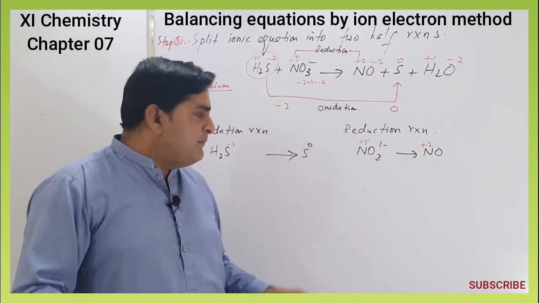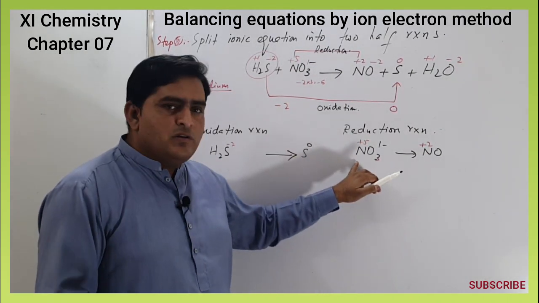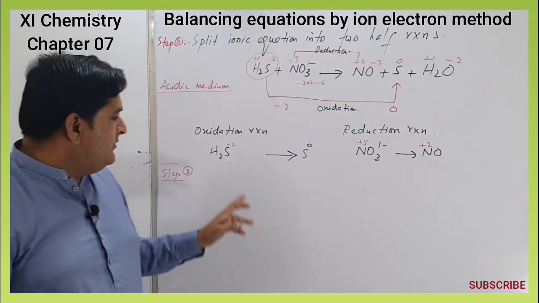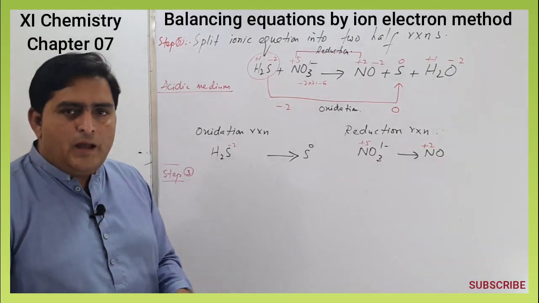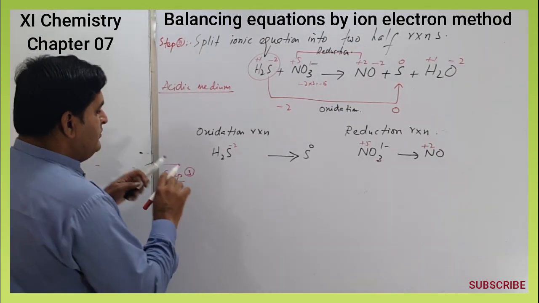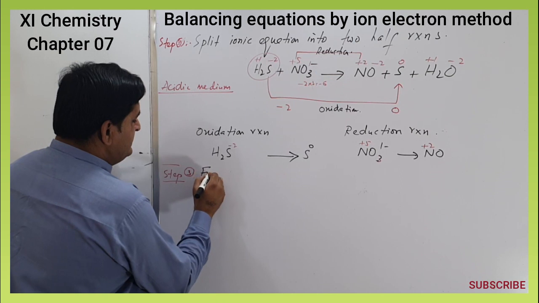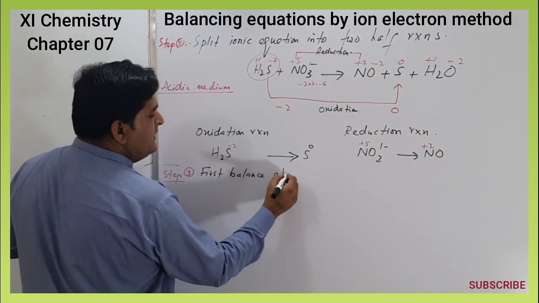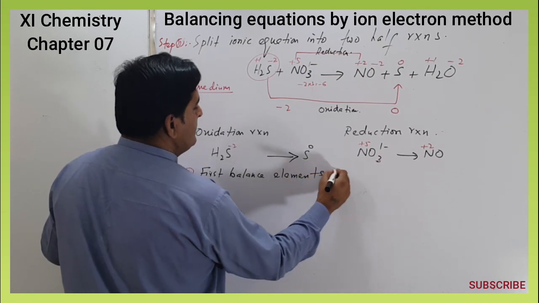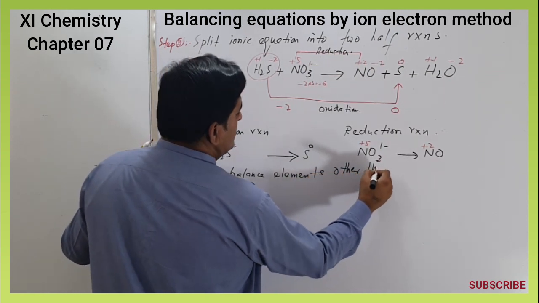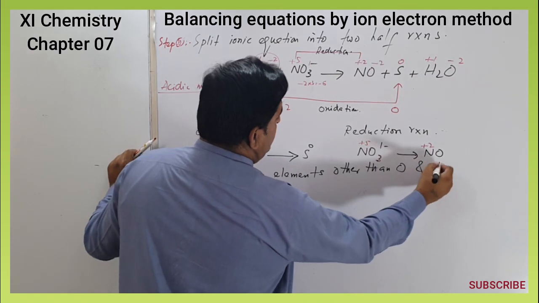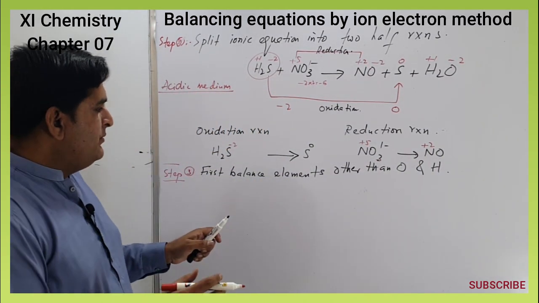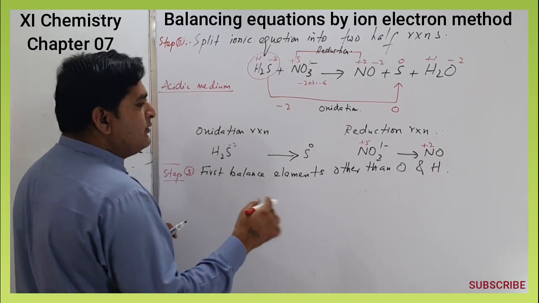Then, after balancing sulfur and nitrogen, we will go for balancing oxygen and hydrogen. So stay with me. Rule number 3 is that first we balance elements other than oxygen and hydrogen. So first of all, we leave oxygen and hydrogen and keep balancing other elements which are not oxygen or hydrogen.